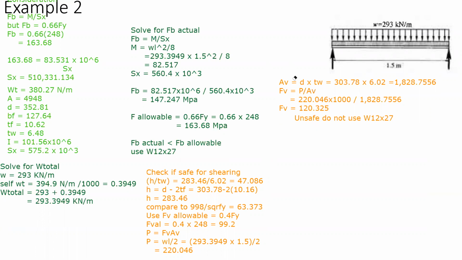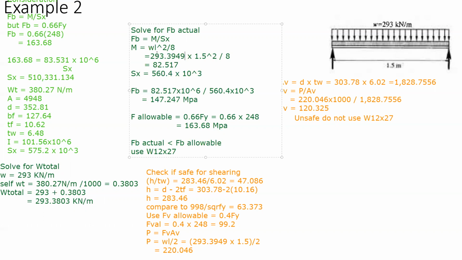So dito muna tayo. First thing we do is solve for W total. Yung self-weight natin magbabago, instead of 394.9, magiging 380.27 Newton per meter. And then, ang sagot dito is 38027. Ayan, so ito 803, and this is now 3803. Then let's solve for the actual moment.